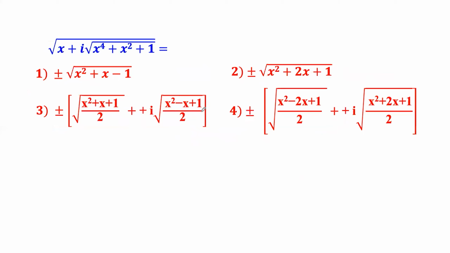If more complicated forms are given and we have to find the value of this, how do we get it? I suggest that if x or n or something is given, the best way to go for the answer would be to put x is equal to 0.